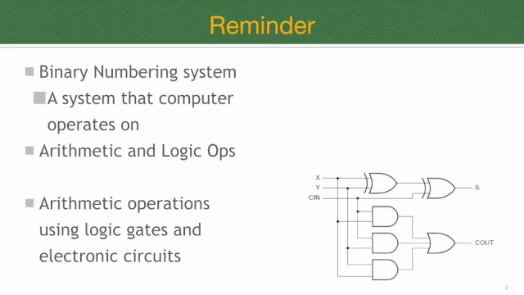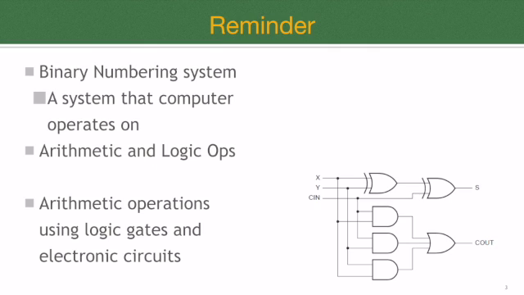As a quick set of reminders, we started this lecture series with the understanding of the binary numbering system, and we saw why this numbering system is important for computers. Next, we had a look at arithmetic and logical operations. We then saw how logical operations can be constructed using electronic circuits, specifically transistors.